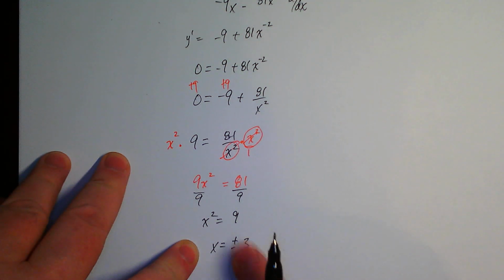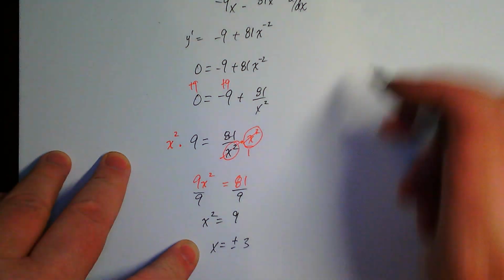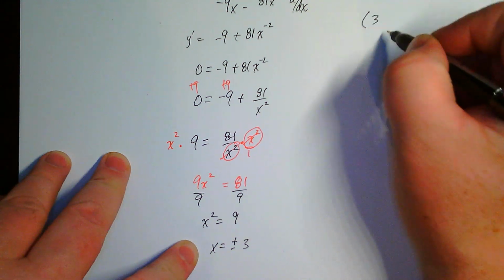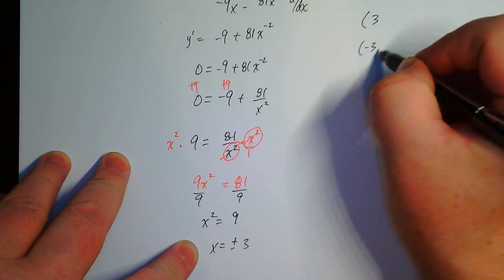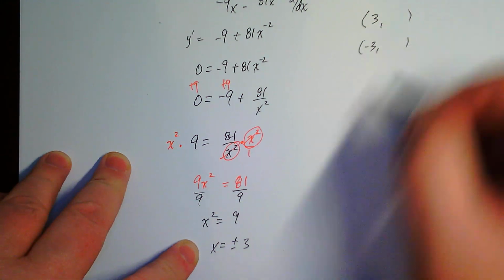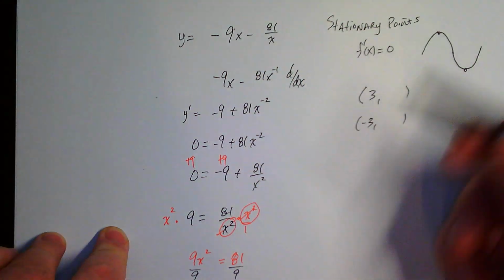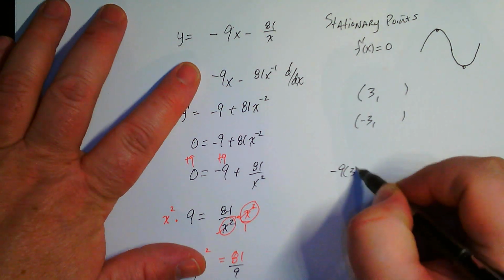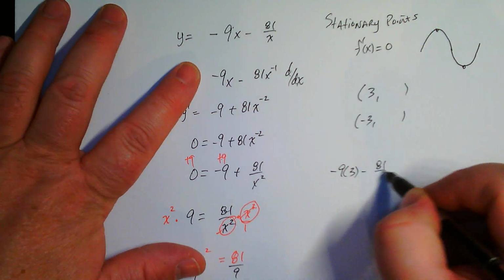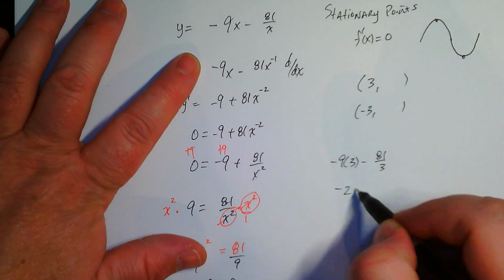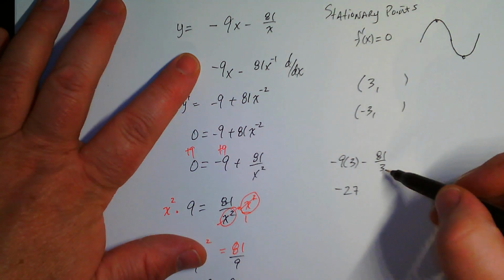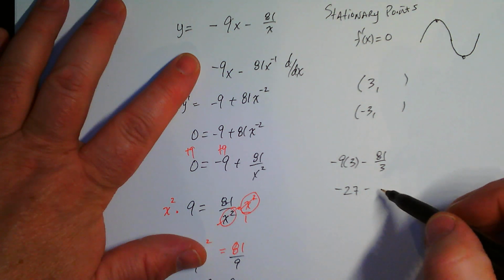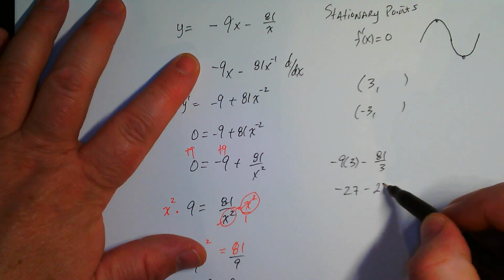Now, those are the x values. We have to figure out what are the y's. So I know I've got a 3, and I know I've got a negative 3, right? So I'm going to take these, plug them into the original equation, and see what you get. So let's do the positive 3 first. So we've got negative 9 times 3 minus 81 over 3. So that's negative 27 minus 27.